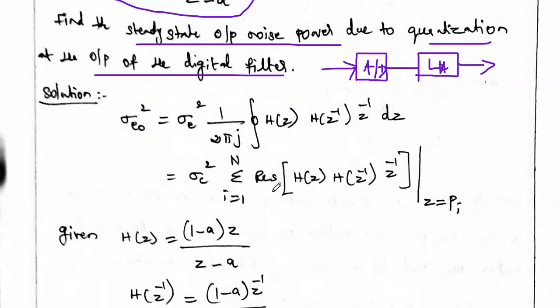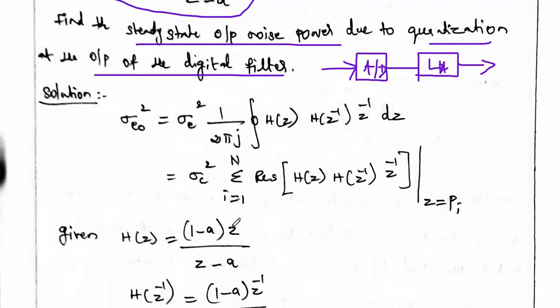For those poles we calculate the residues and add them all, and multiply by the input quantization noise power, which gives the output quantization noise power, or steady state output noise power. Now we are going to find sigma e squared as well as this residue value.